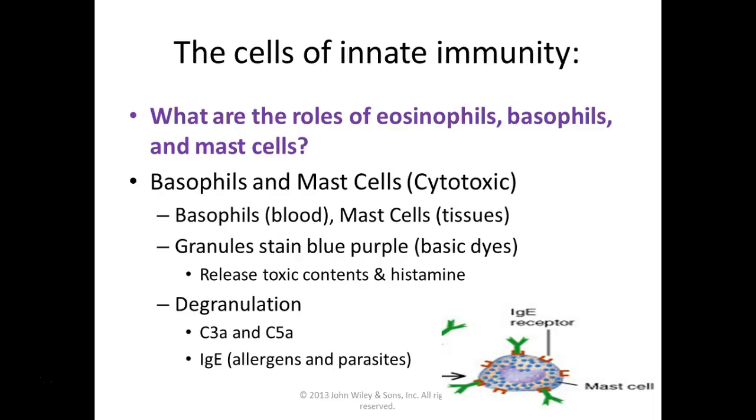And remember, once this system is activated, and there are several things that can activate it, if it's the classical pathway, what's the first thing that's binding to the microbe and therefore interacting with complement and causing that cascade of events to go forward? What's the first thing that binds? It's actually a product of your adaptive immune response: antibodies.